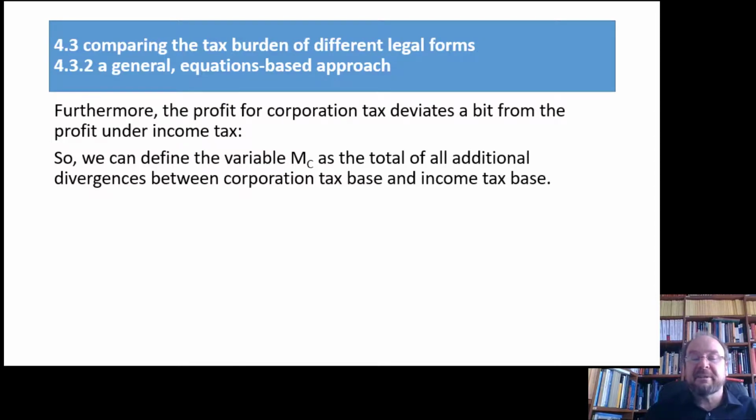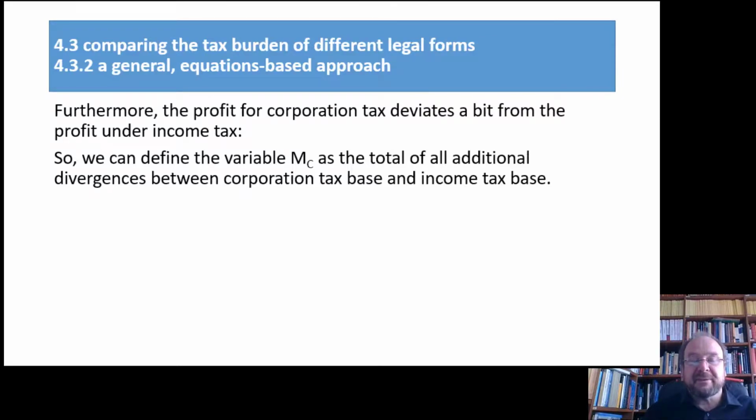Because the problem is, if you have an employed shareholder working as a manager, that would lead to a difference in the profit from the tax perspective for corporation tax and the profit in income tax.